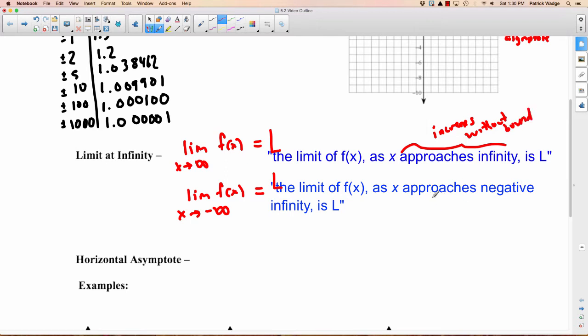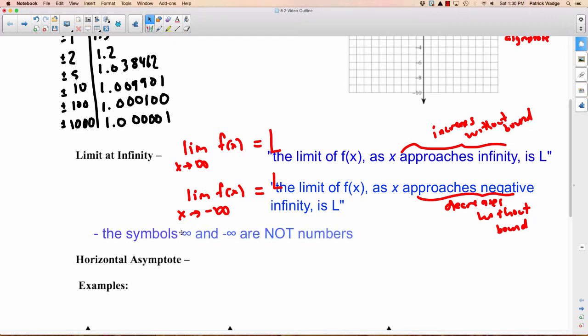And for approaches negative infinity, you could say decreases without bound. But I tend to always say approaches infinity and approaches negative infinity. So if someone's talking about that, you know what they're talking about.